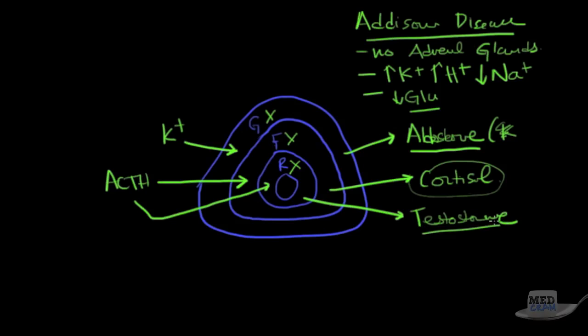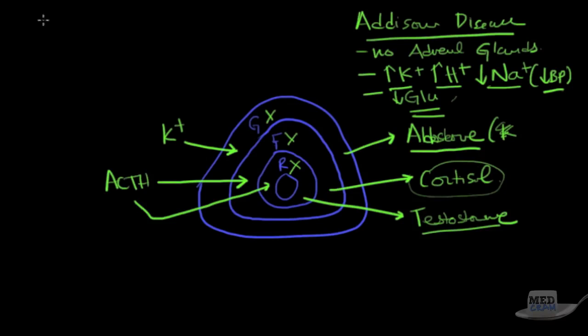And then finally, lack of testosterone, which really doesn't cause that much of a problem, at least acutely. So what are you going to see in Addison's disease? Hyperkalemia, metabolic acidosis, hyponatremia, and hypoglycemia. And because of that low sodium, you're going to have low blood pressure.